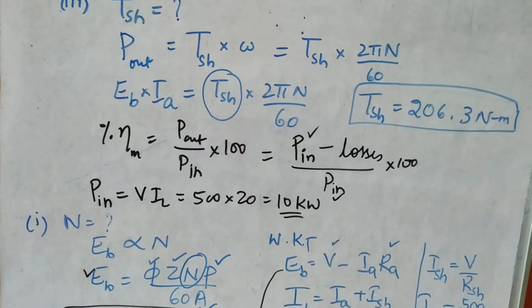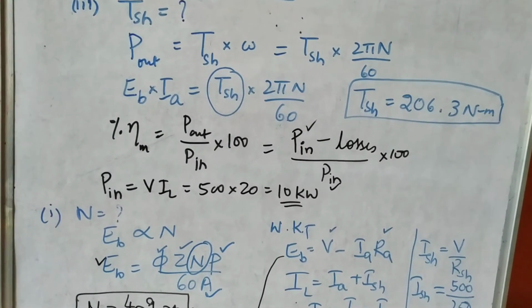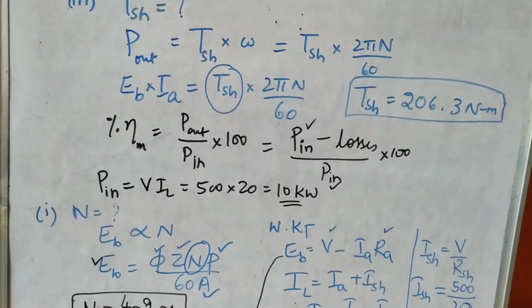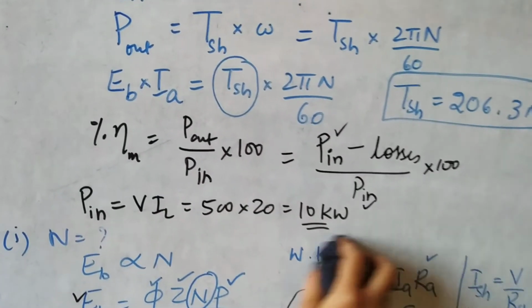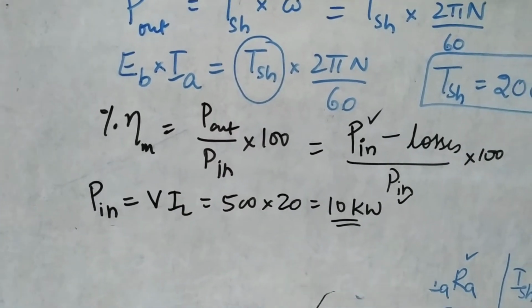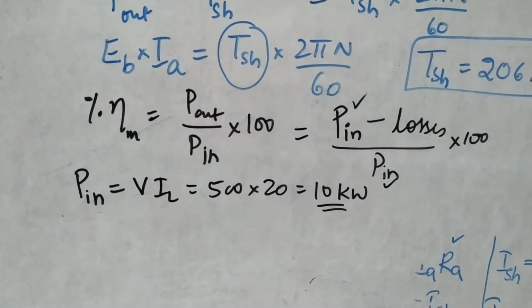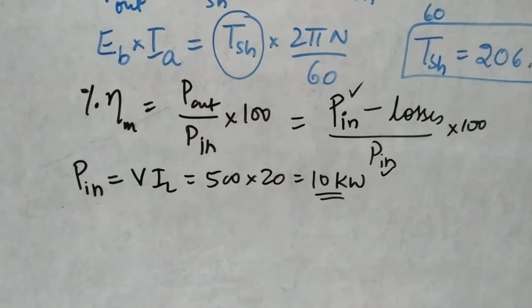What are all the losses in the DC motor? We have the field copper loss, armature copper loss, right? And also the constant loss. Constant loss value they have already given in the problem. Constant loss means it includes the magnetic and mechanical losses, which is 900 watts, right?